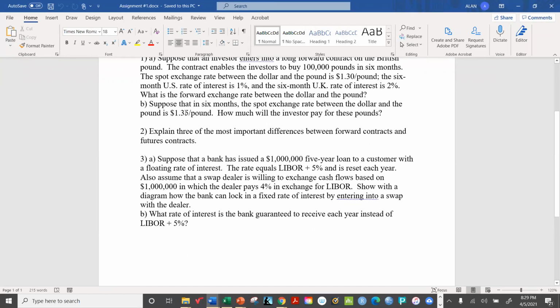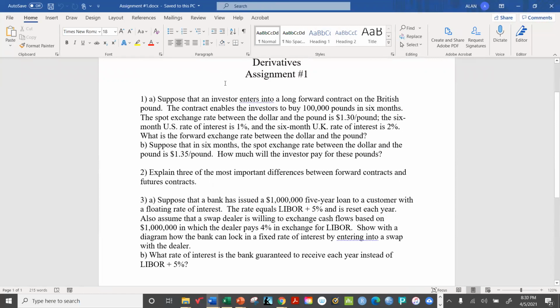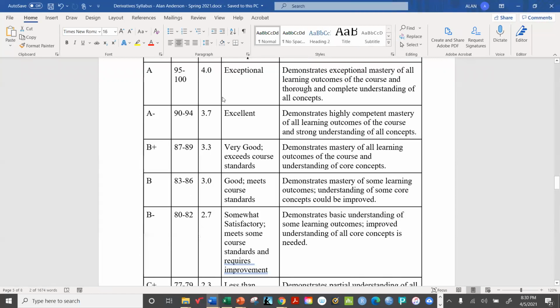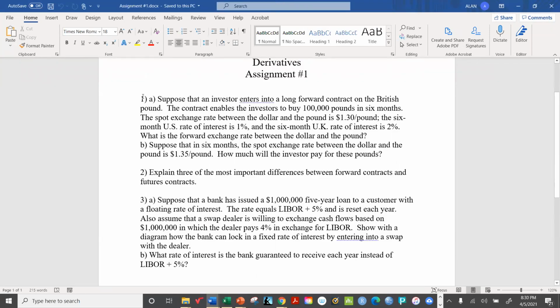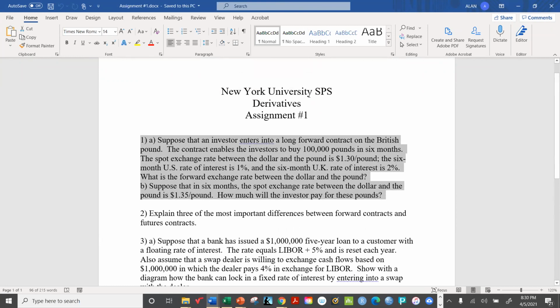I'm not sure if we introduced this concept. I'm not so sure that we did this first question during our notes tonight. It looks like I've kind of screwed this up a little bit. I don't think that we've discussed this first question.